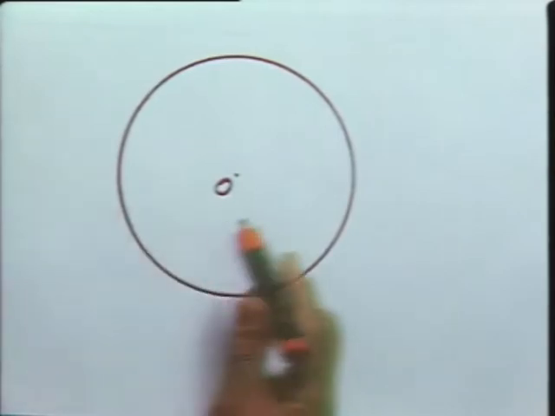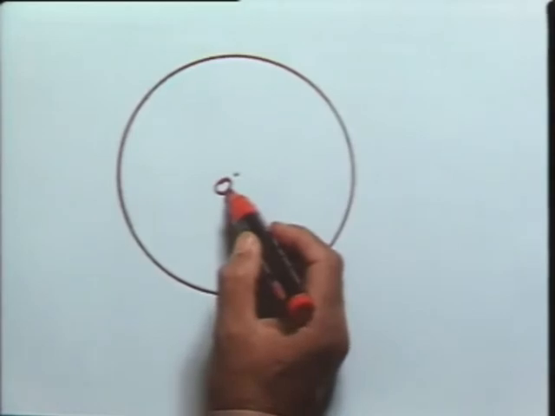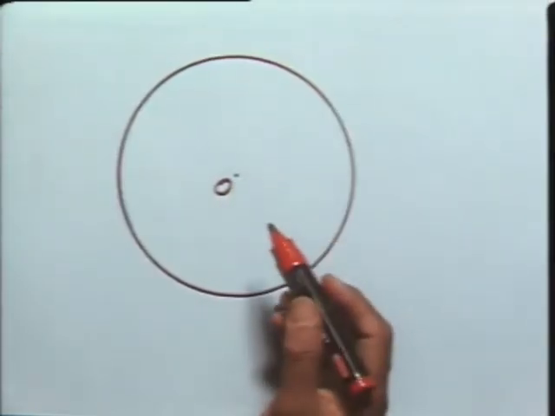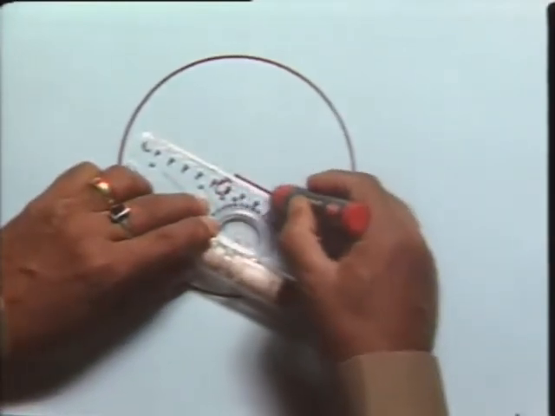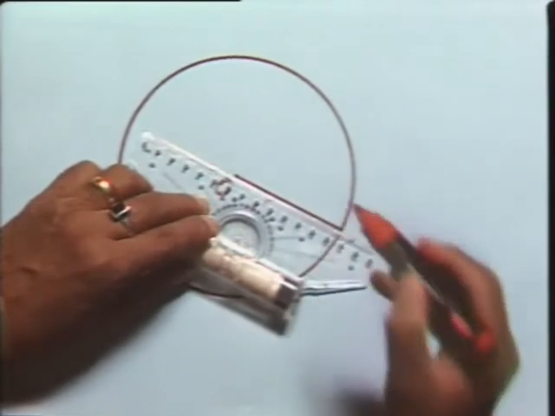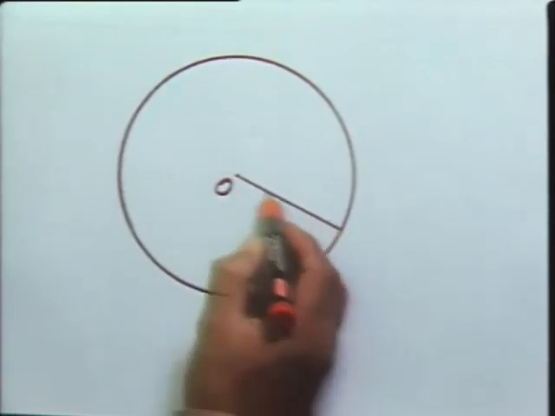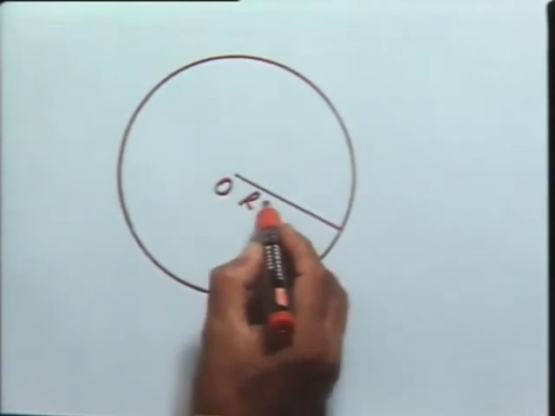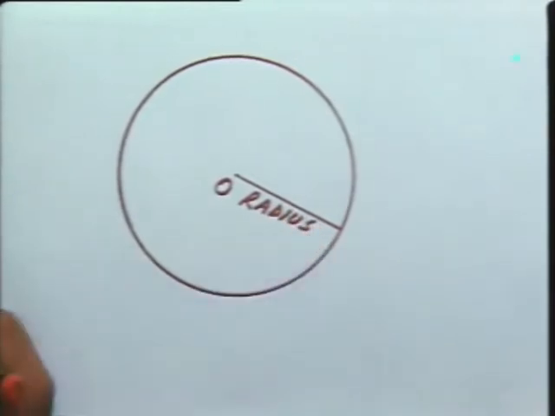In this figure, all the points are at the same distance from this point, we call this the center of the circle. And the distance, if we mark it, this is the part of the line indicating the distance of the points from this fixed point. This line, as also the distance interchangeably, is termed the radius of the circle.